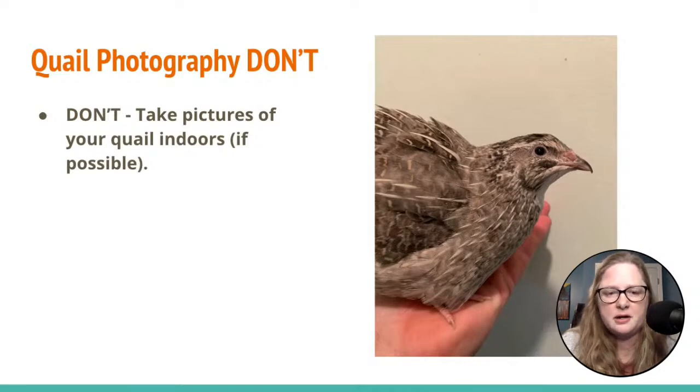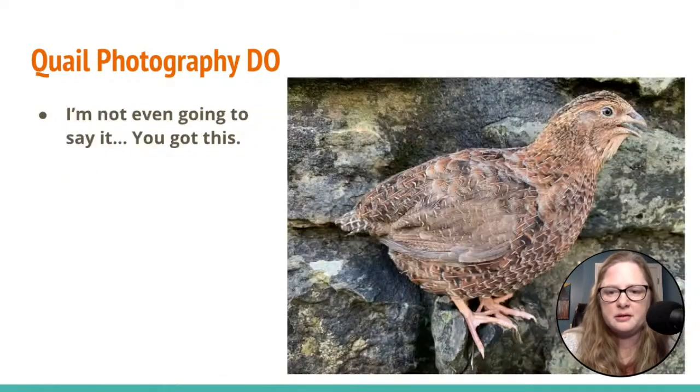I know sometimes it's easier, or you're just grabbing birds out of a cage or whatever. But if you can, it's better to not take pictures of your birds inside. This is the same bird as many of the other pictures you've seen, and you can see that it's hard to tell the exact color of it. And you guys got this by now. Take your pictures in bright shade.